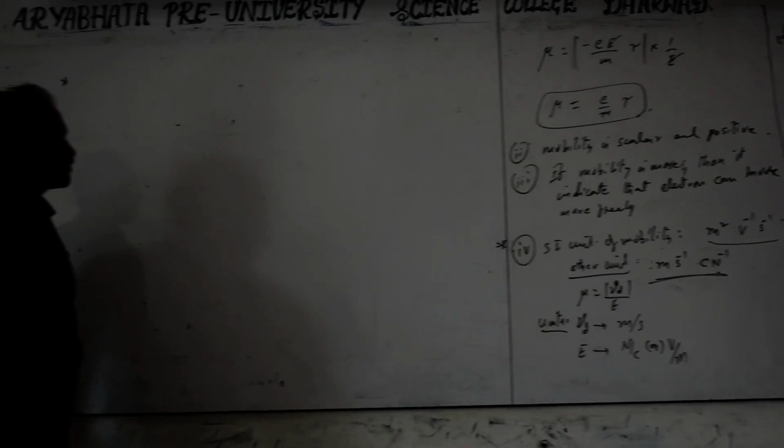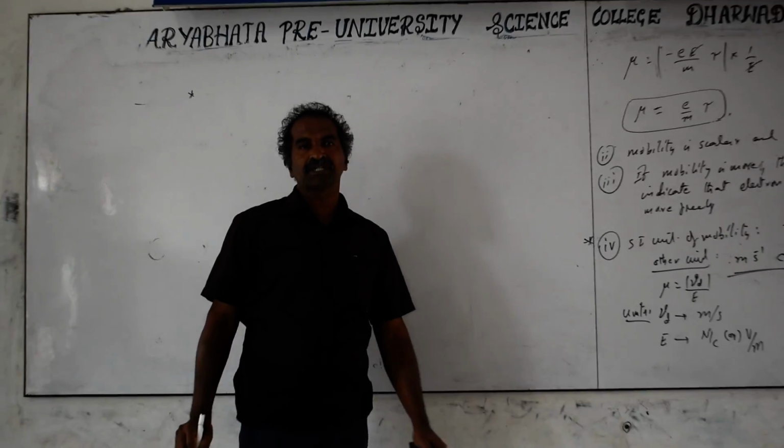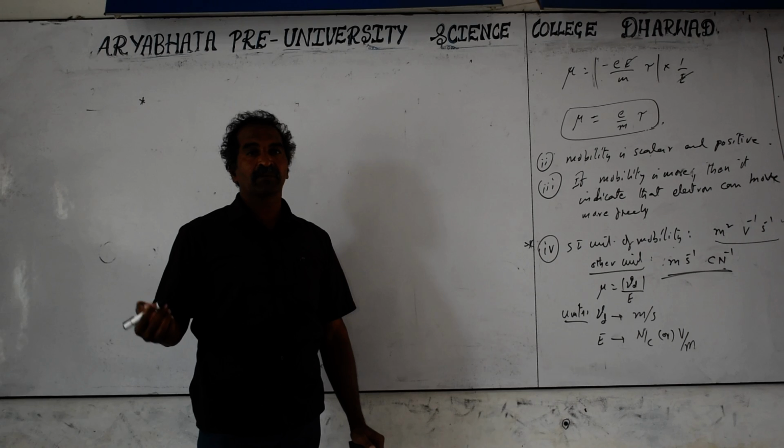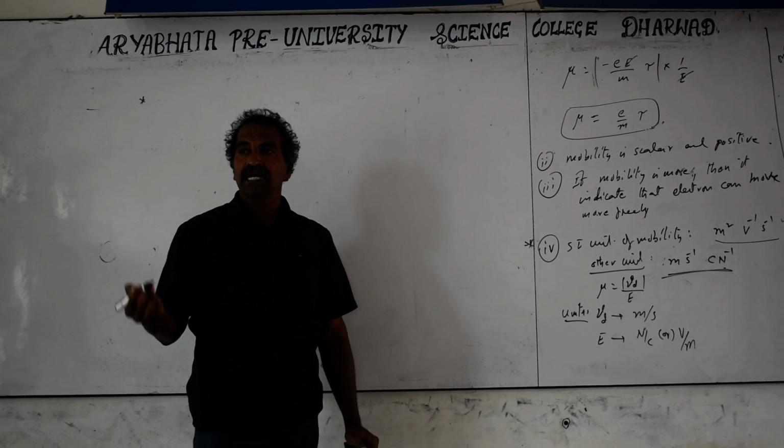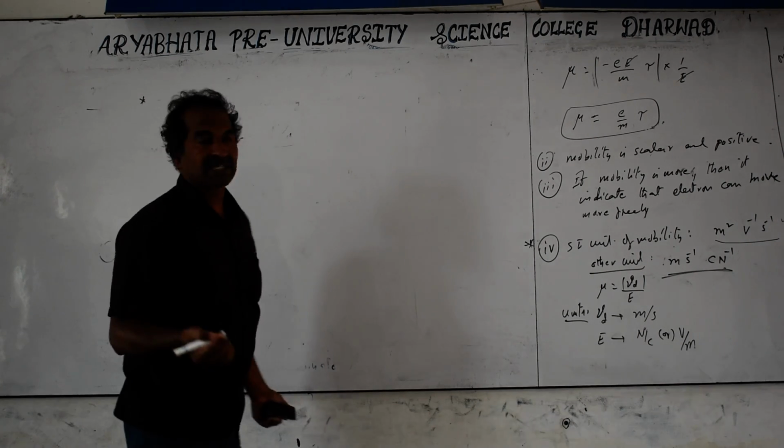Continuation of the previous point: mobility is directly proportional to relaxation time. That means if the temperature increases, tau decreases, mobility decreases, and vice versa.